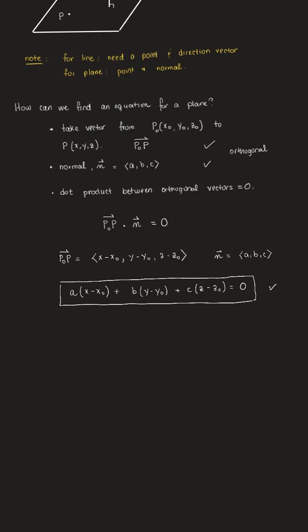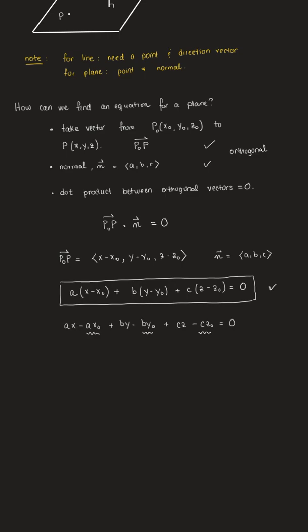That's it. Now, we typically rewrite it a little bit, multiply everything out, and move some things around. So let's do that. I'm going to distribute the A here, so we have ax minus ax sub 0 plus by minus by sub 0 plus cz minus cz0 equals 0. And the constants, this number and this number, I'm just going to move all the constants to the right hand side of the equation, because recall that our point x, y, z represents any point on the plane.